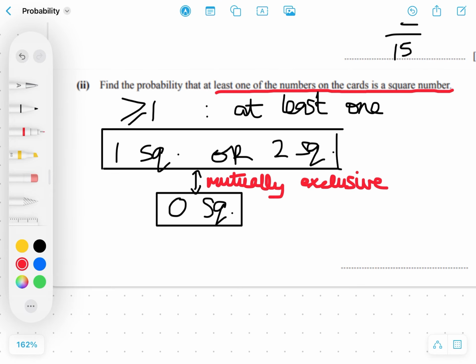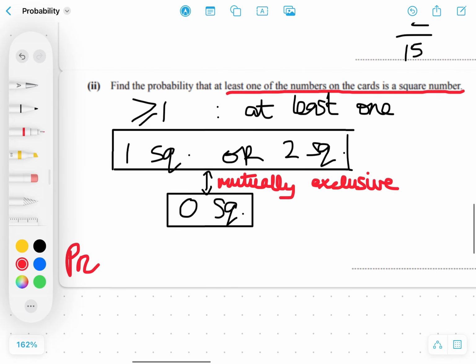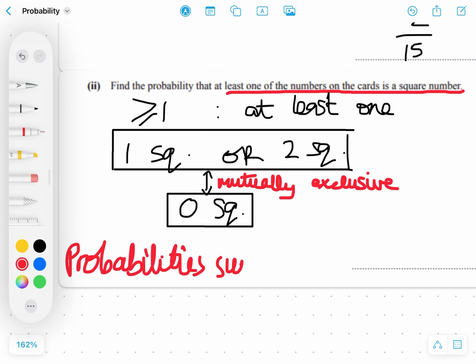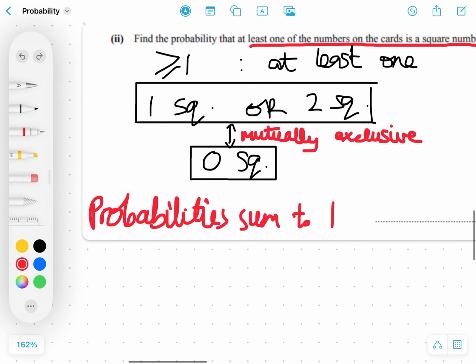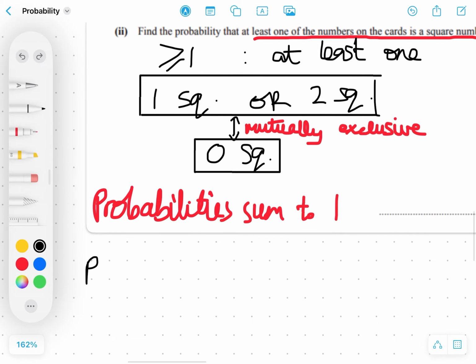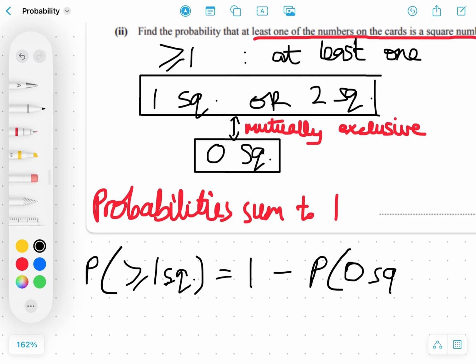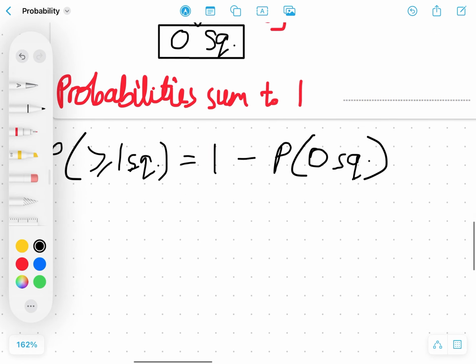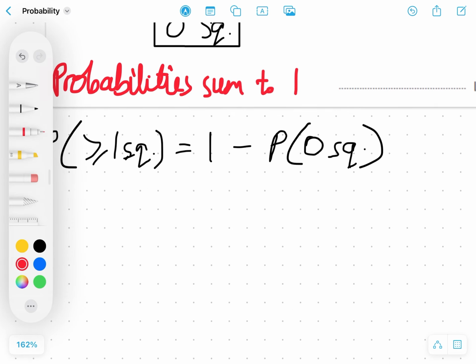So their probabilities sum to 1, because it's either this or that. So we can say that the probability of obtaining at least 1 square number is equal to 1 minus the probability of obtaining 0 square numbers. And this is simpler for us to compute.